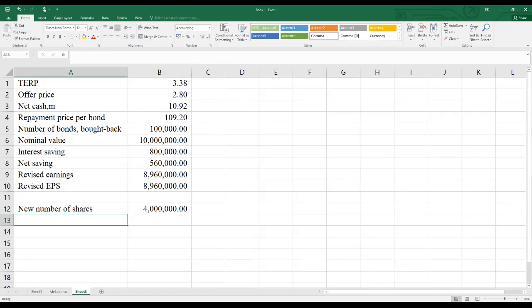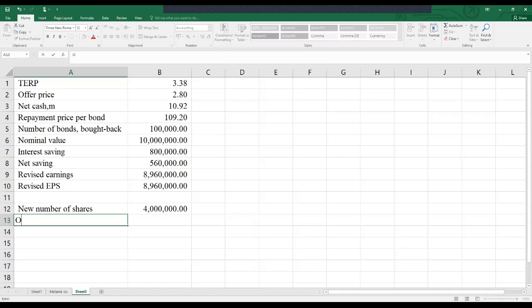Now the current number of shares you have. If you look at the company P&L, it has the total number of shares; the nominal value of the company shares is 10 million. One share has a nominal value of 0.5.